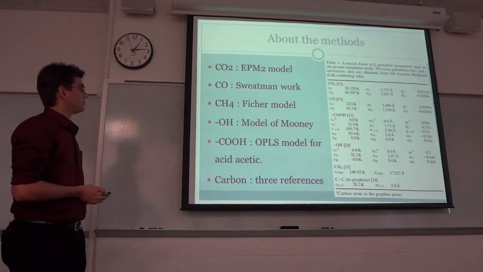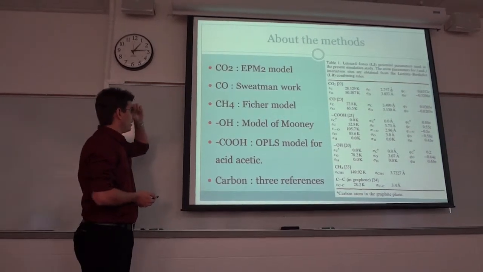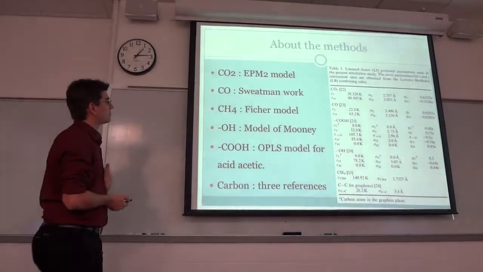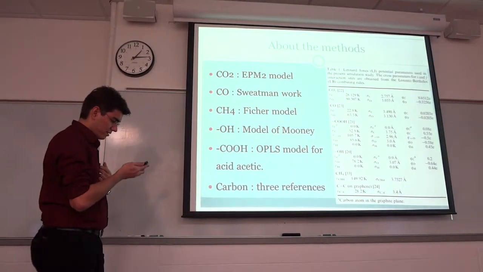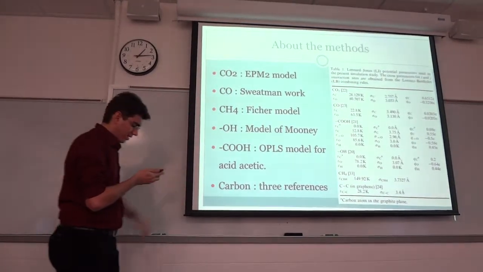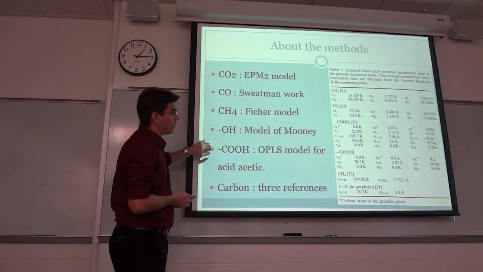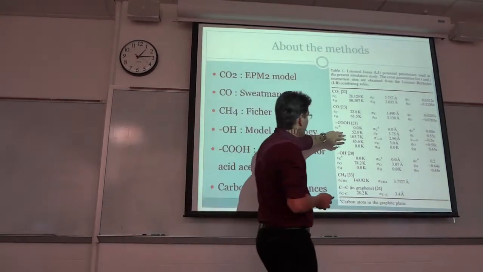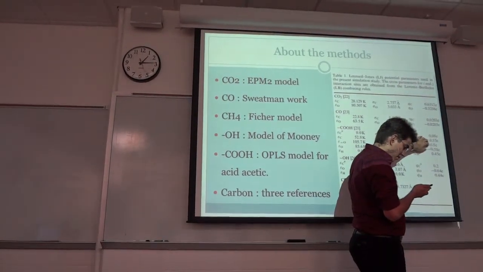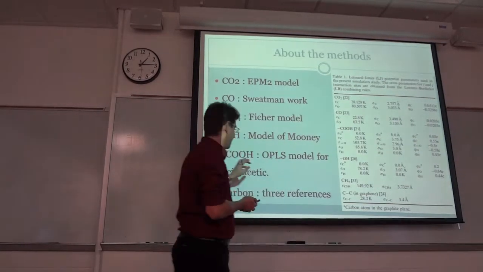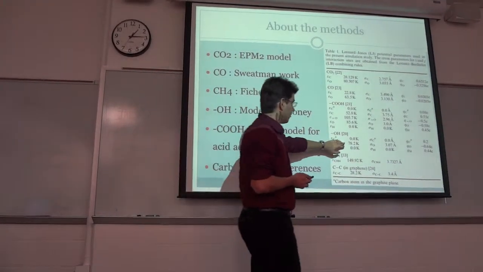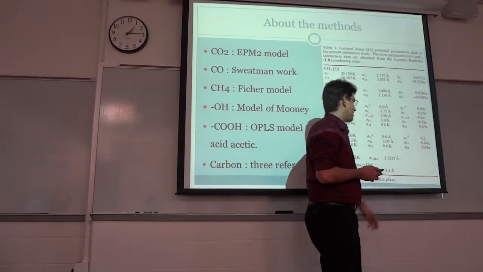For each molecule, they use models from previous articles, and as you can see, the carboxyl groups have 3 Lennard-Jones sites and 5 charge sites, and the hydroxyl groups have 1 Lennard-Jones site and 3 charge sites.